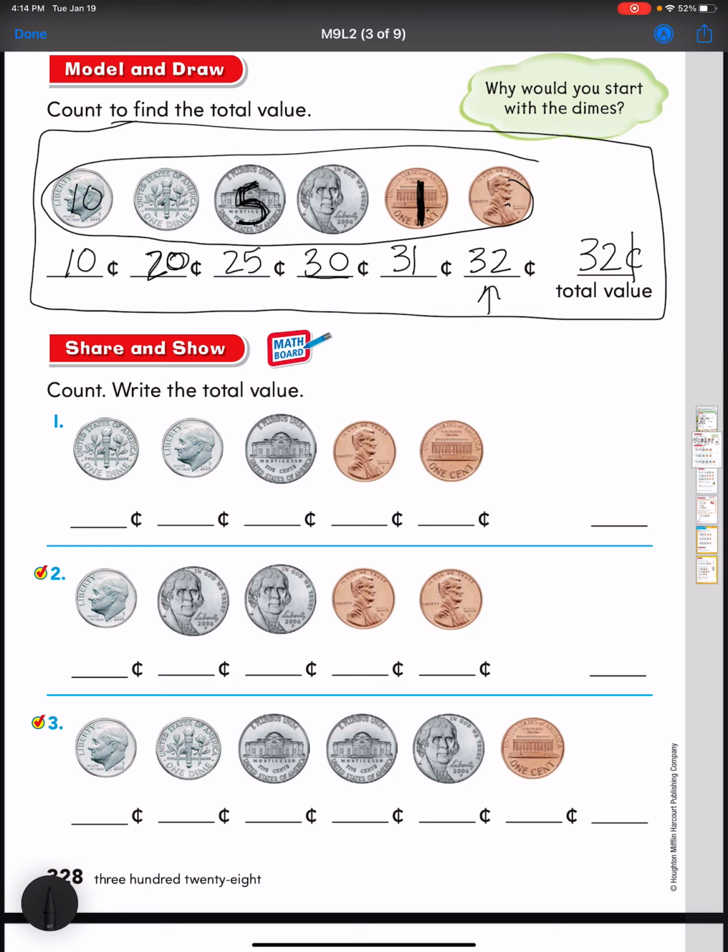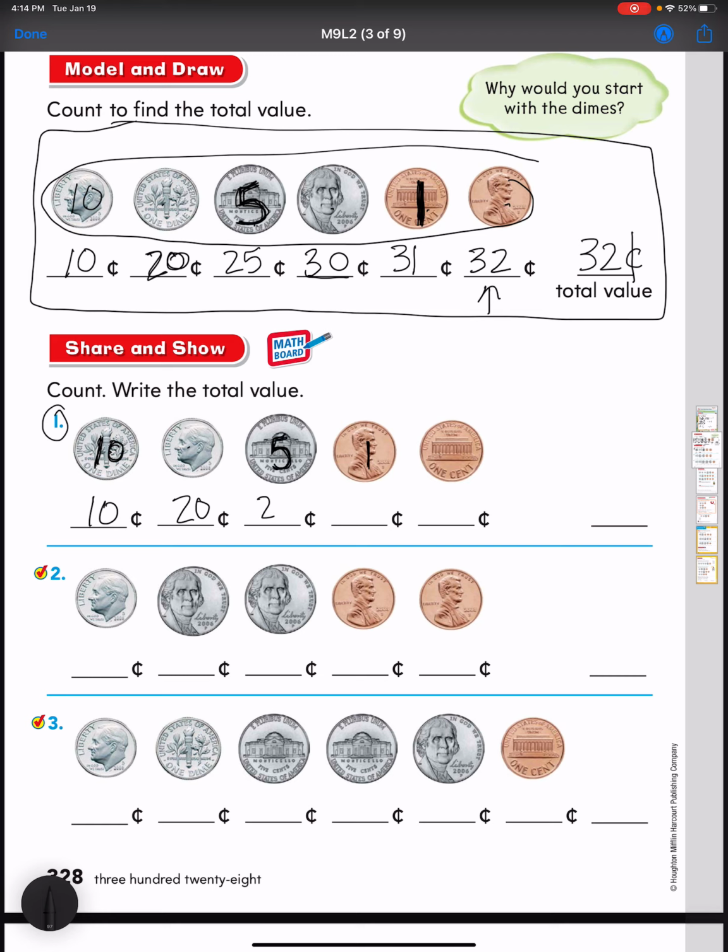I have 32 cents. Let's look at number 1. Remember, we are greatest to least. Dimes are worth 10, nickels are worth 5, and pennies are worth 1. I start with my greatest value, which is 10. I'm going to count by tens for all my dimes. So 10, 20. Now I'm going to start counting by fives because I have nickels.